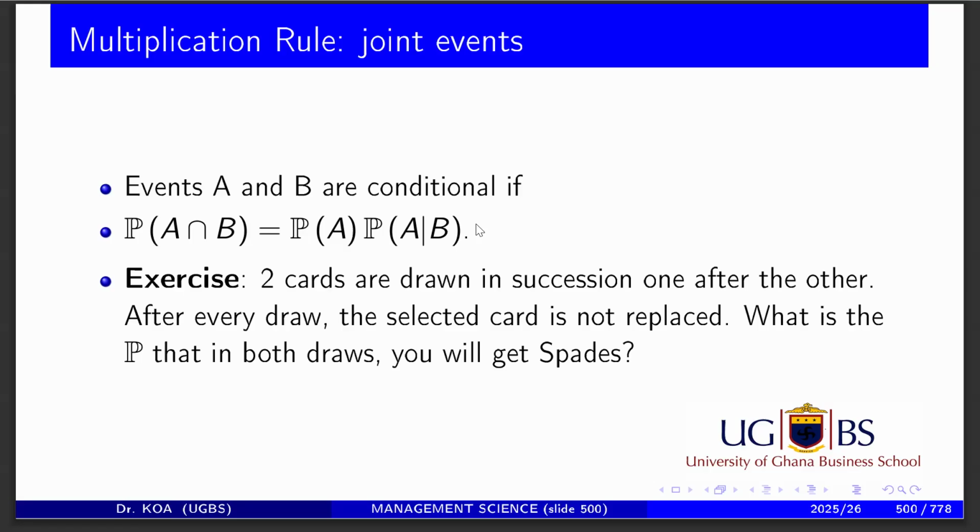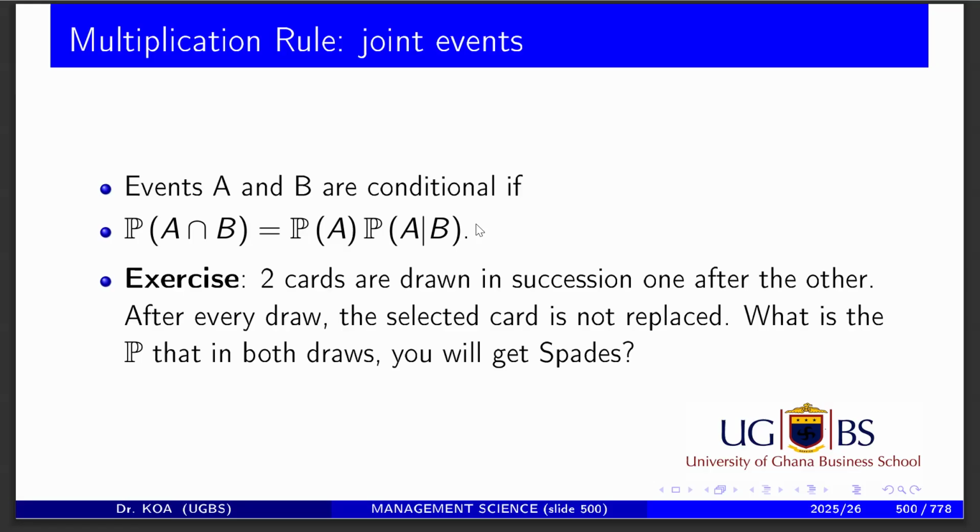So the first draw, what did you get? A spade is drawn, isn't it? Yes, Doc. Then the second draw, what was drawn? A spade. So the first draw, how many spades are there? 13. So 13 over 52.